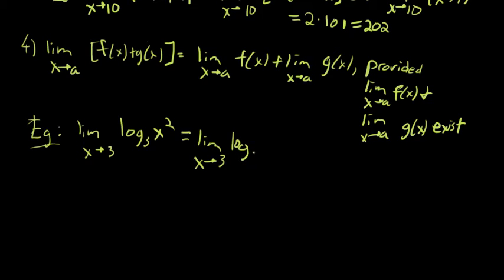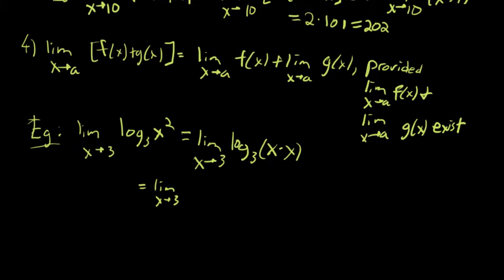So log base 3 of x squared is the same thing as log base 3 of x times x. And we know, using properties of logarithms, that a logarithm of a product is equivalent to the sum of logarithms.